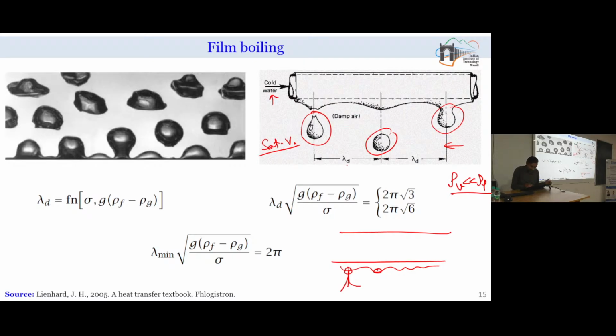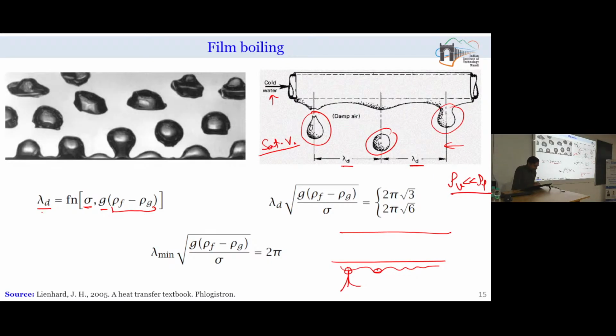Now, on an average basis, lambda d is the wavelength of these interfacial waves which are forming and growing and leading to the pinch off of the liquid droplet. This lambda d is typically a function of the surface tension force, the gravitational field and the density difference between the two.